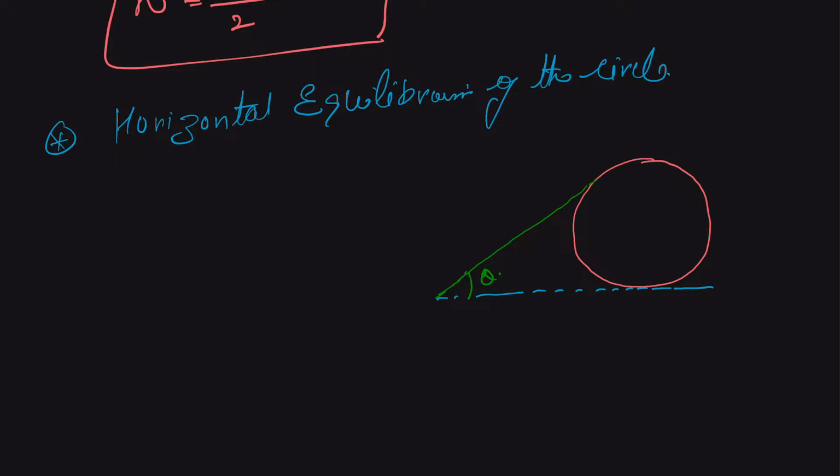There will be a normal because of the stick on the circle. So this is our normal N, and we can divide this into two components. This angle will be theta, so we get N sine of theta and N cos of theta. And we are also going to have a friction, like I said, along the stick, and we can further divide this also into two components.